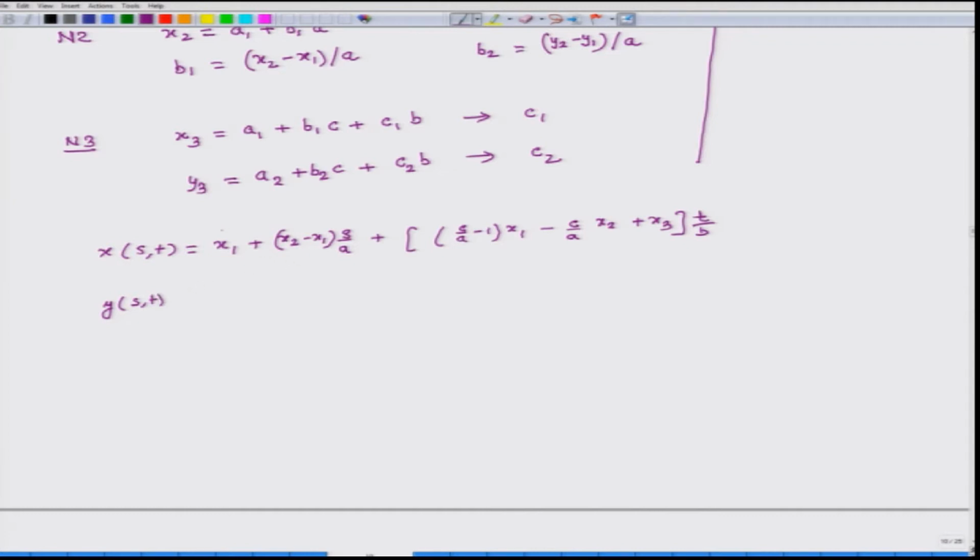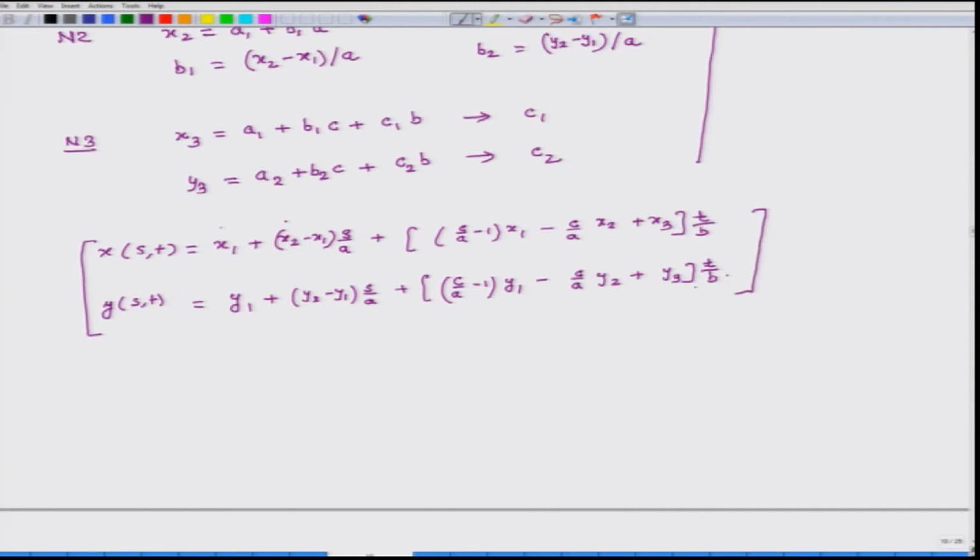So, this is my a1, this is my b1 and so on and so forth, right. So, expression for y is equal to y1 plus y2 minus y1 s over a plus c over a minus 1 y1 minus c over a y2 plus y3 t over b.